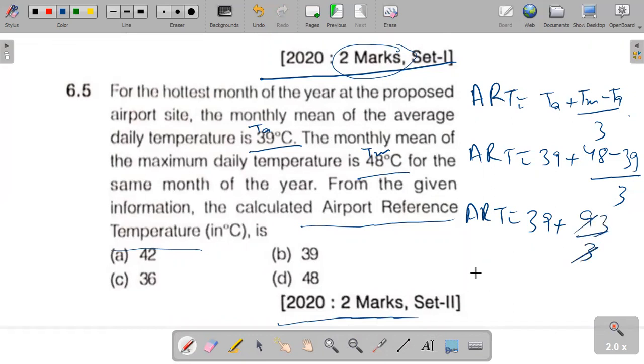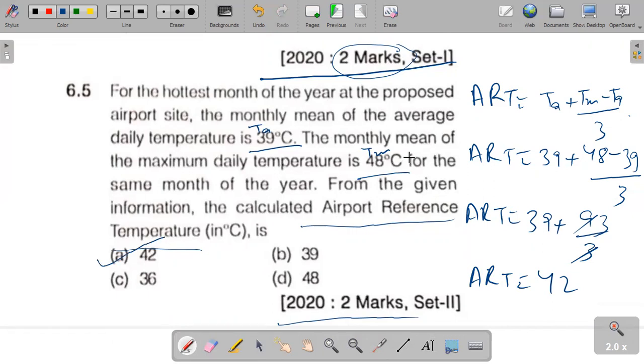So 3 into 3 is 9, and you'll get ART is equal to 39 plus 3, that is 42. Okay, and in the previous question, that is 42 degrees Celsius, say this one.